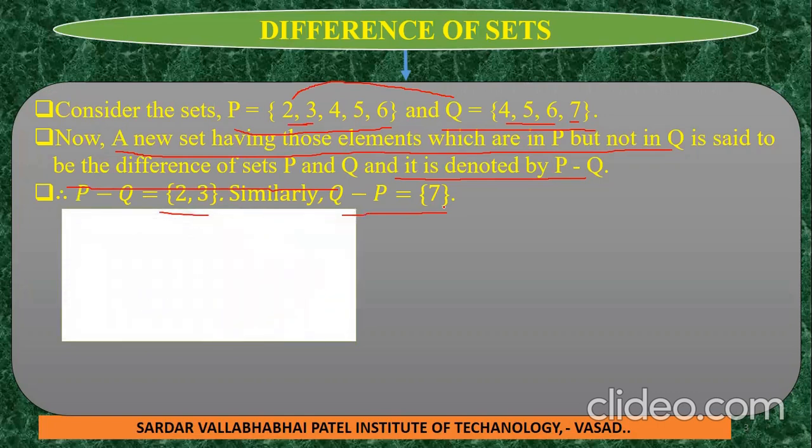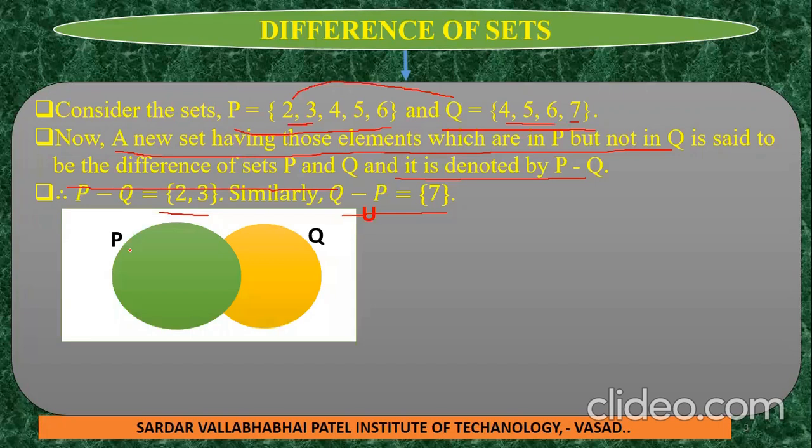Consider the universal set U. This set is capital P. Another set is Q. The green circle is set P, the yellow circle is set Q, and this blue part is the intersection of P and Q. The remaining green portion is P minus Q, and the remaining yellow part is Q minus P. So the yellow portion is Q minus P, the green portion is P minus Q, and this portion is nothing but the intersection of P and Q.